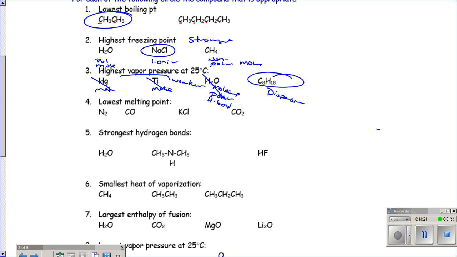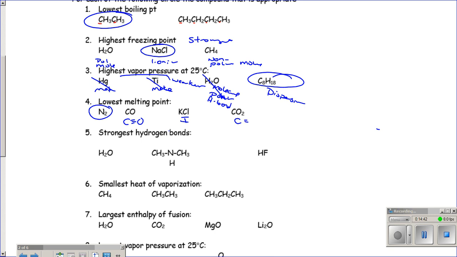Lowest melting point. Think about it for a minute. This is the nonpolar nitrogen molecule. Remember that carbon monoxide is polar. This is ionic.